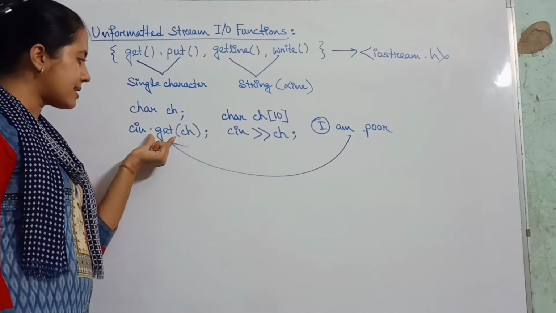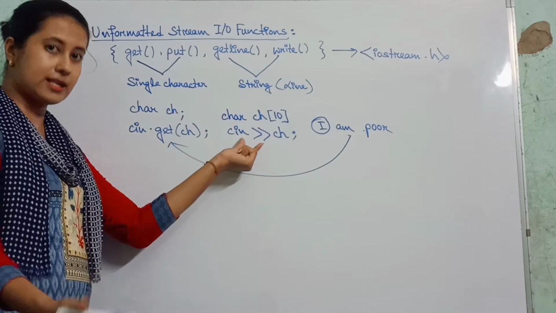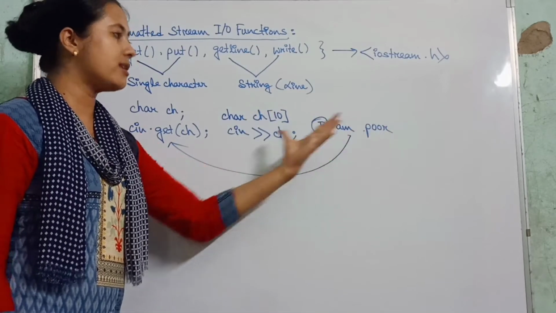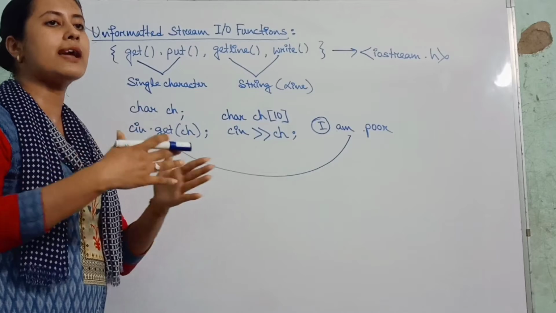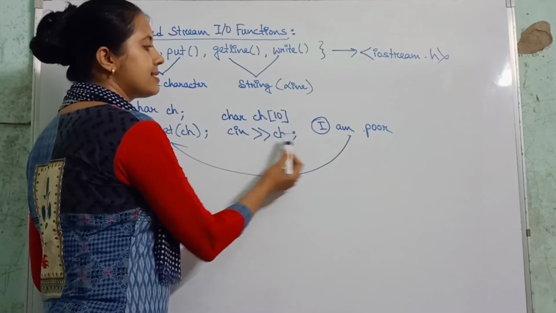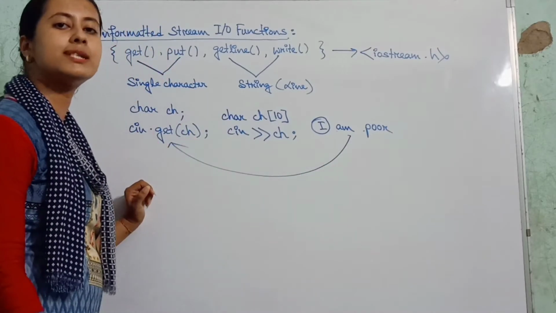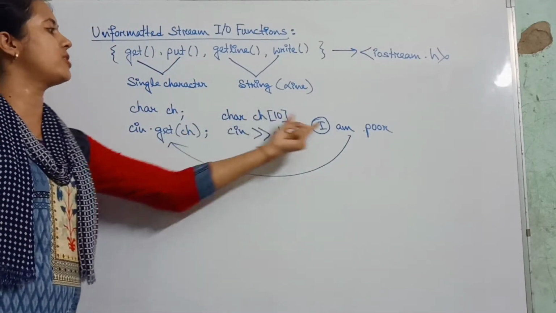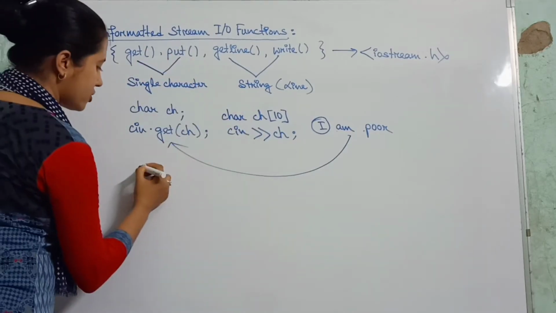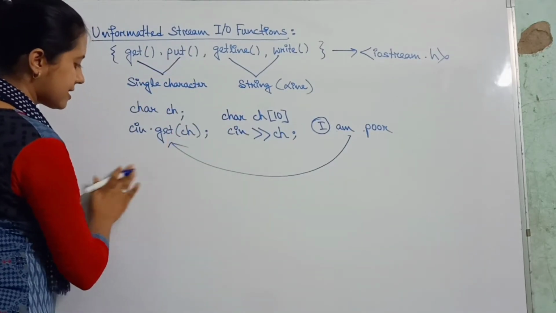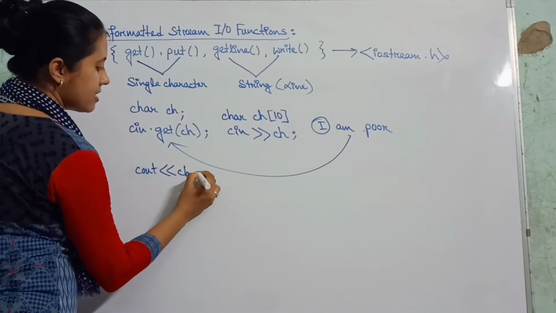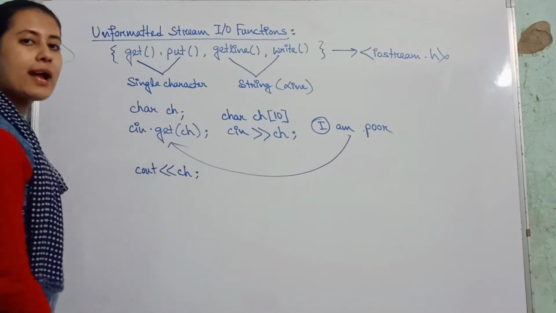Why do we use this cin.get(ch) in spite of this one? Because if we want to write a string, or a large word or a line of text, then cin >> ch will ignore the spaces, white spaces. But this get will not ignore the spaces. Similar is the case for cout. Suppose I want to display this ch, then if I write cout << ch, it will just ignore the white spaces.